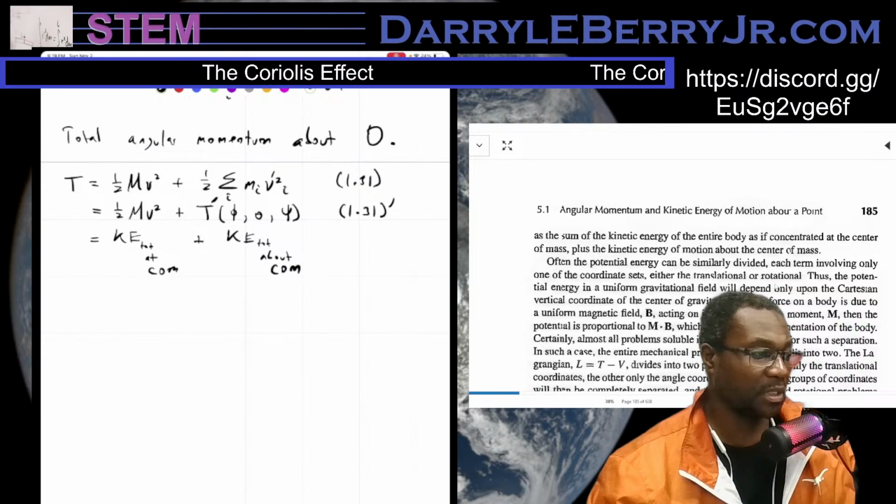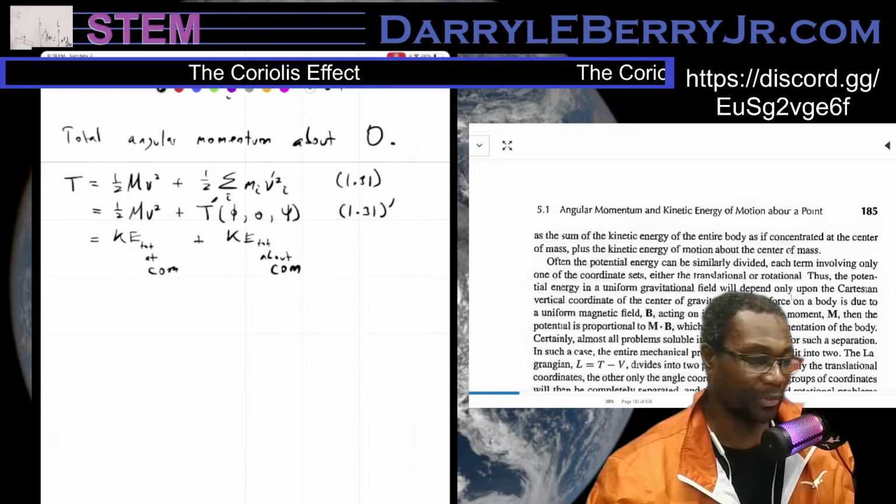Thus, the potential energy in a uniform gravitational field will depend only upon the Cartesian vertical coordinate of the center of gravity.